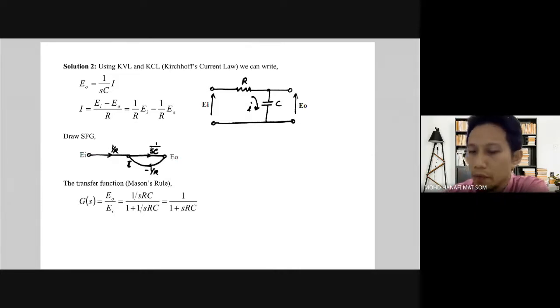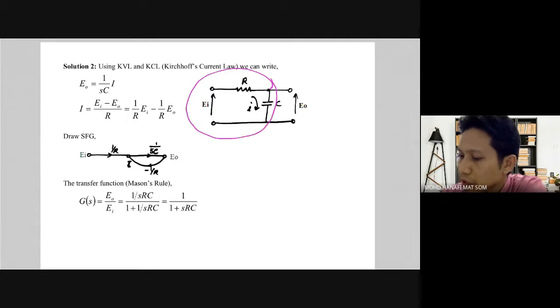Here I simply transform the equation to Laplace without writing all the equations in the time domain. I just transform into the S domain.